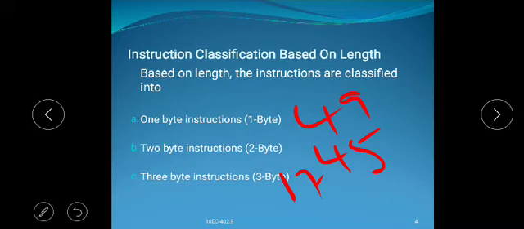The 1 byte instructions. A 1 byte instruction includes the opcode and operand in the same byte.